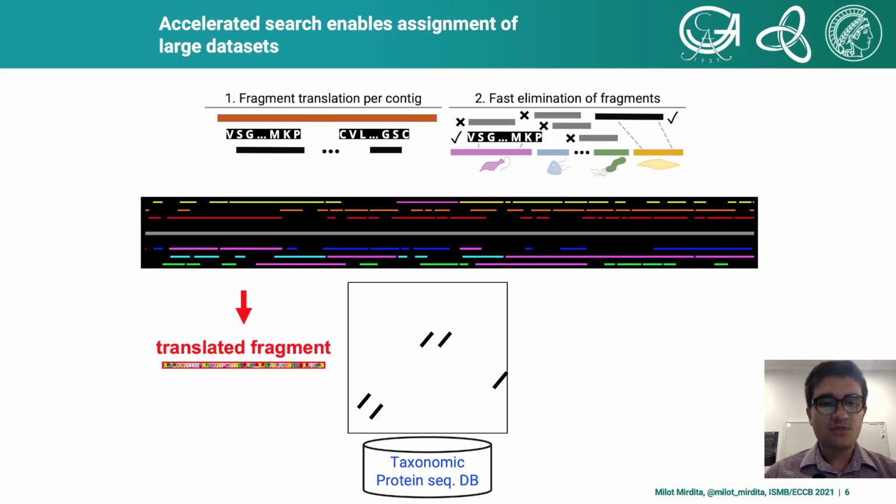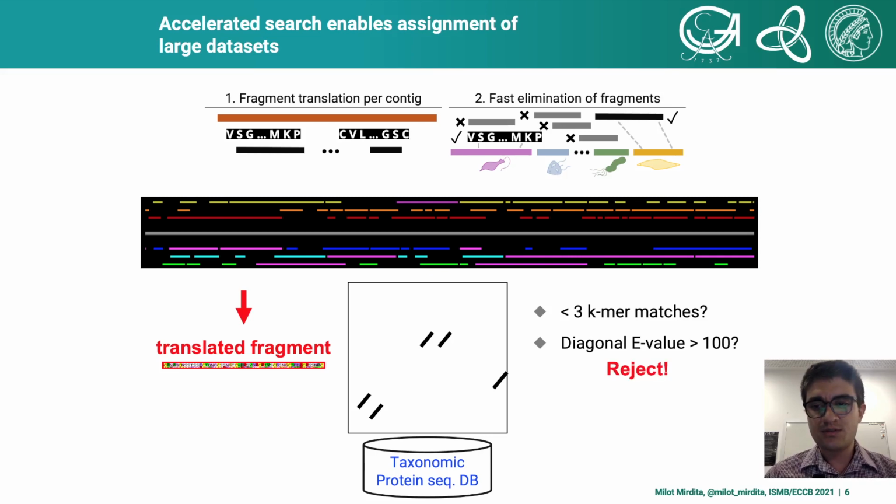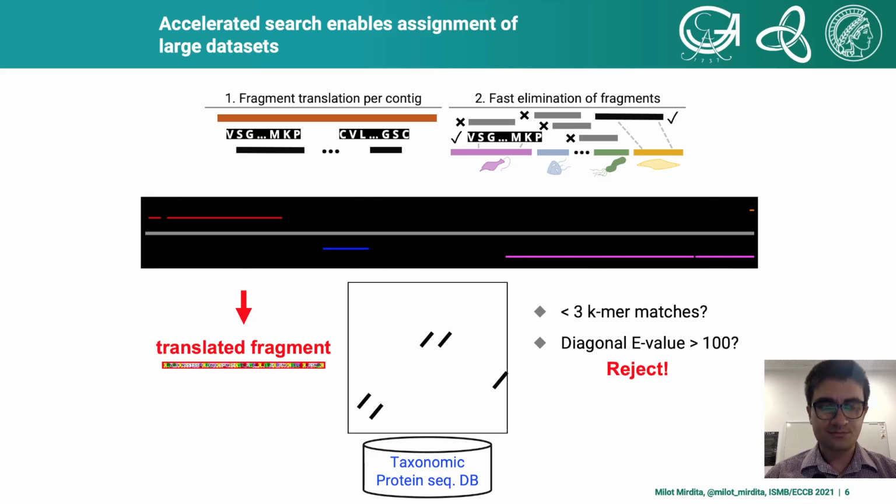Here we take a fragment, translate it, and then do this pre-filter, and require at least 3 k-mer matches somewhere. If we don't find these, we reject the fragment already. Further, we then look at the diagonal where the hit was found and require an e-value of at least 100. If this also is not met, the fragment can be safely rejected, and the search is massively sped up, as only few fragments remain.